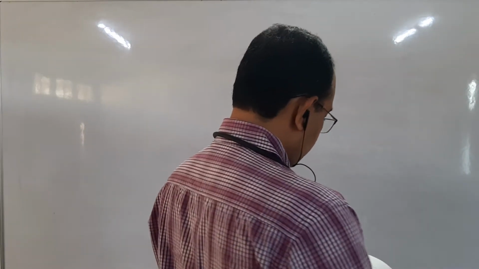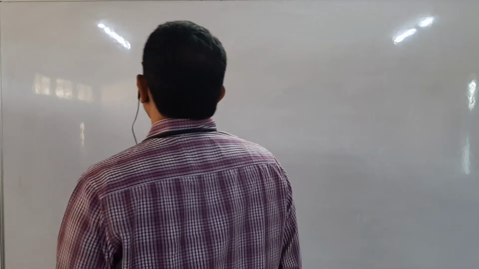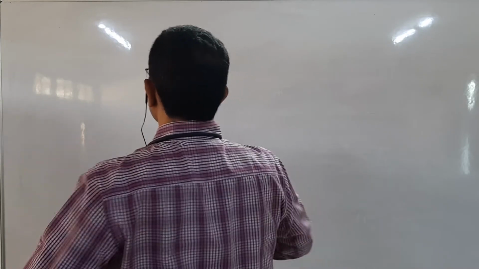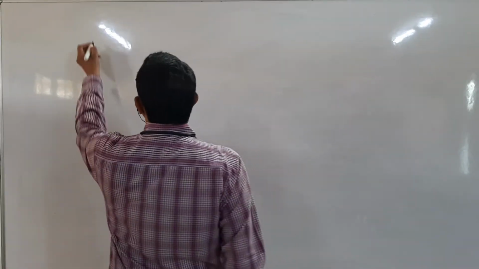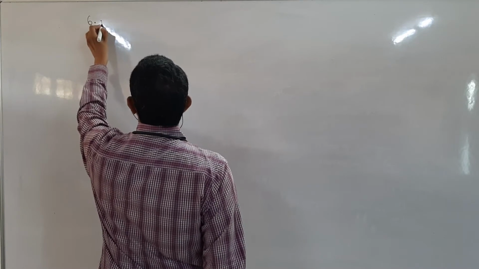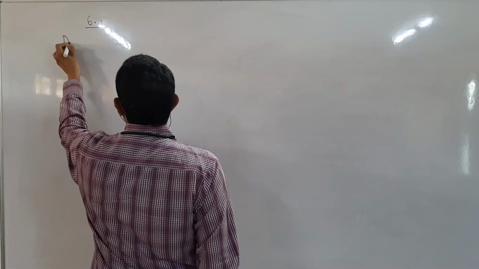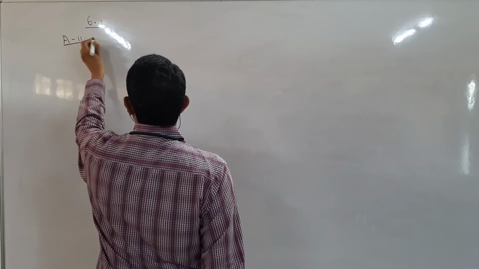A particle moves along the curve 6y is equal to x cube plus 2. Exercise 6.1, answer 11.